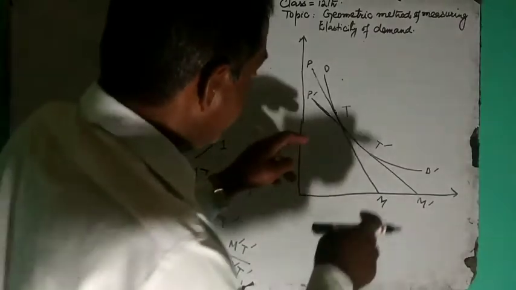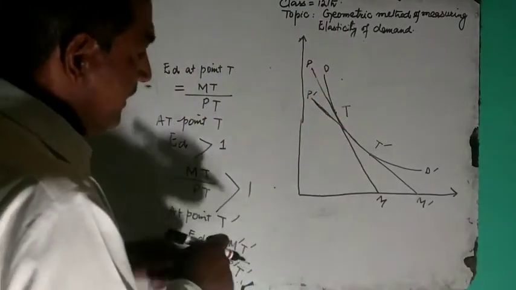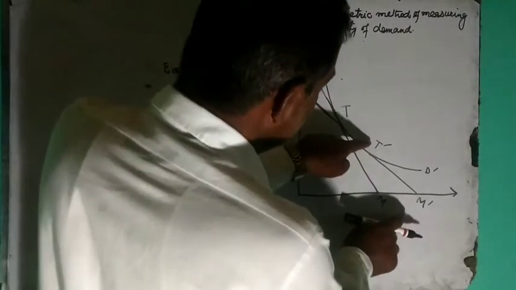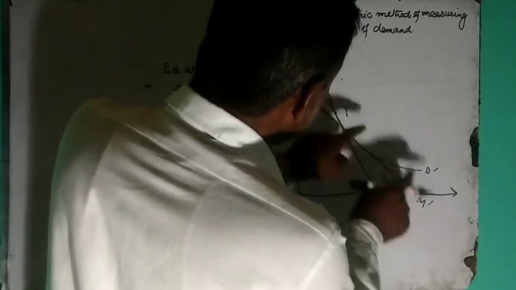What we see is that the distance T dash M dash is less than the distance P dash T dash.